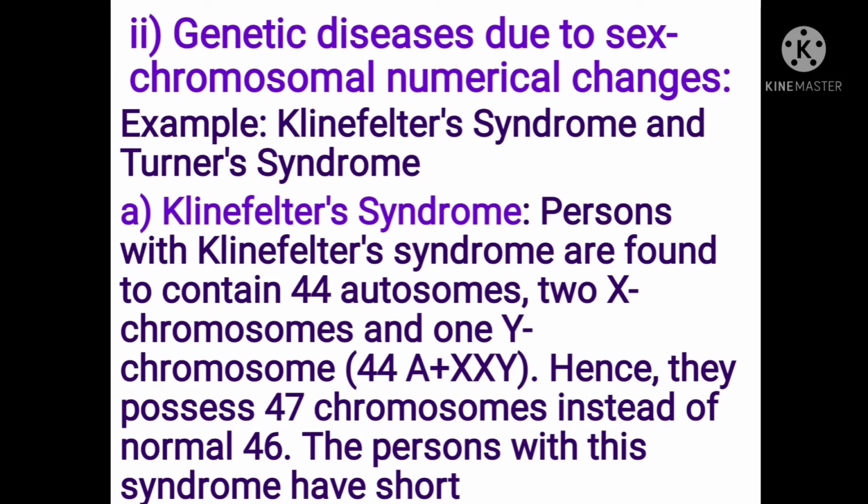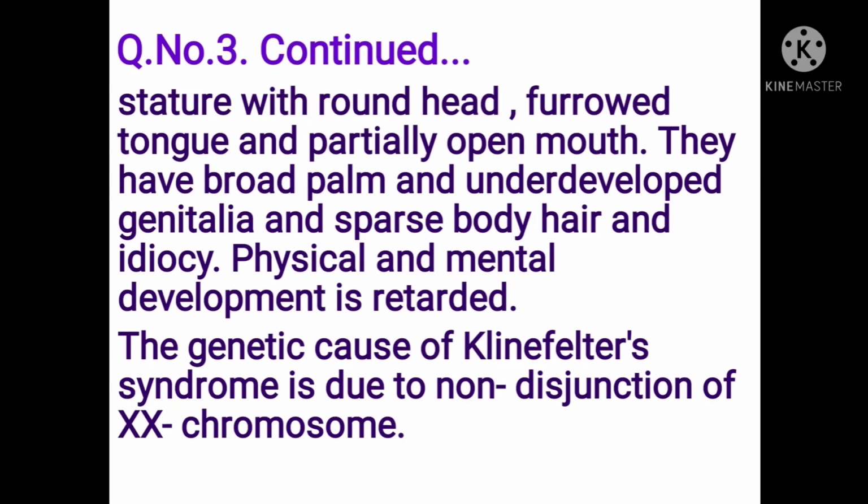The persons with this syndrome have short stature with round head, furrowed tongue and partially open mouth. They have broad palm and underdeveloped genitalia and sparse body hair and idiocy. Physical and mental development is retarded.